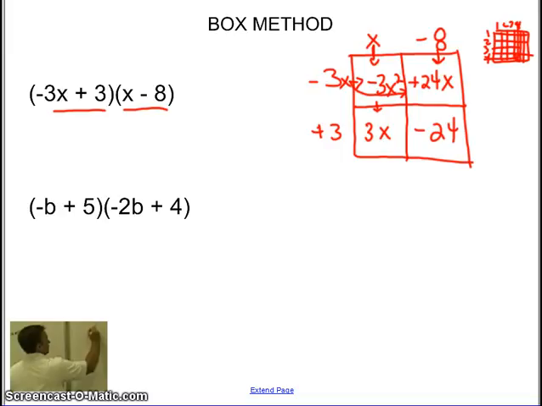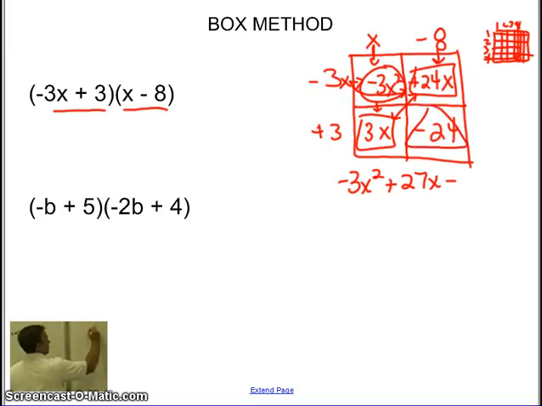These two terms are alike, so we're going to combine them. So I'm left with negative 3x squared, and then I have 3x and 24x, which is 27x. And then I have negative 24. And there's my answer.